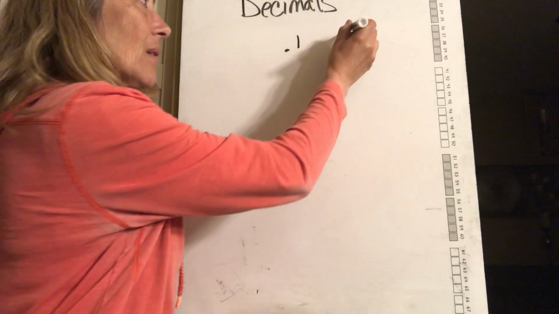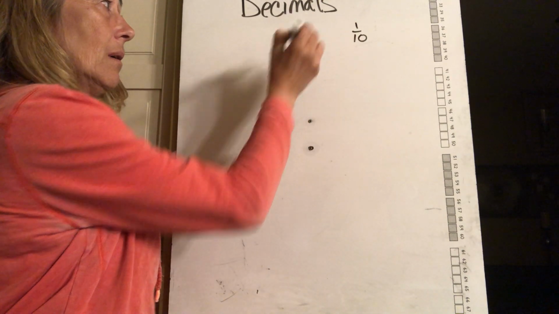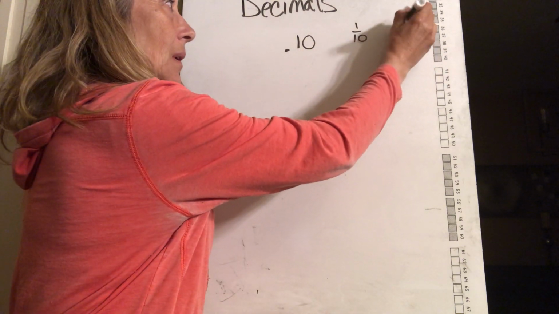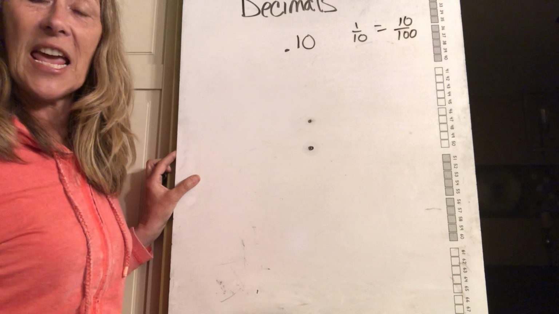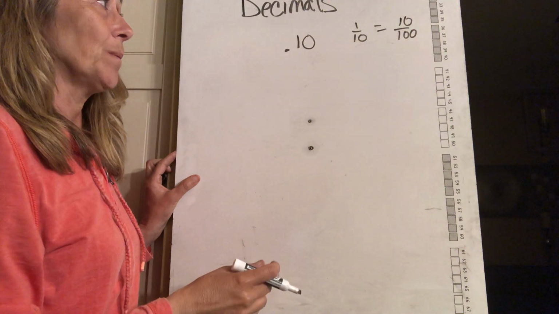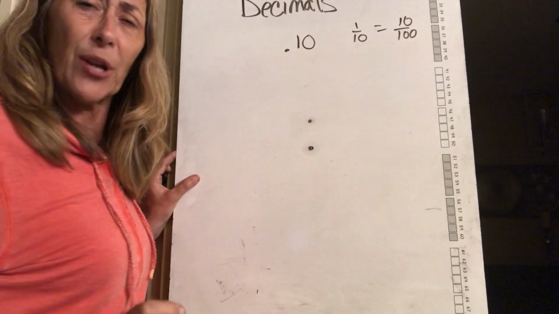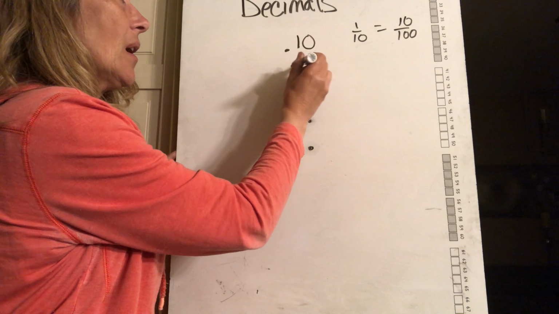That's 1/10. I'm going to add a 0. 10 100ths. It's the same value. Keep that in mind. Doesn't matter how many zeros I put after. It's the same value.